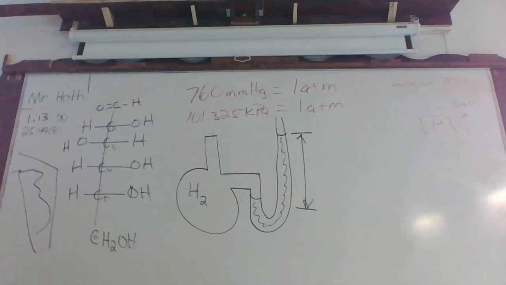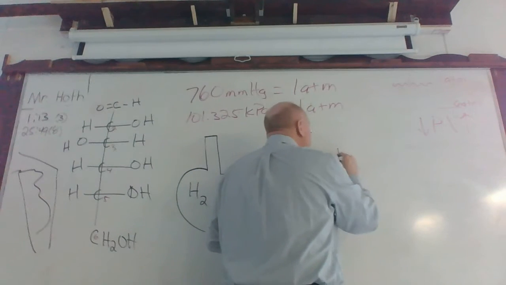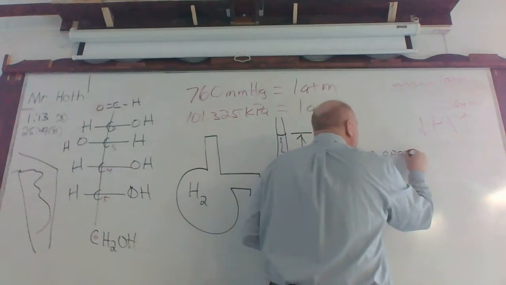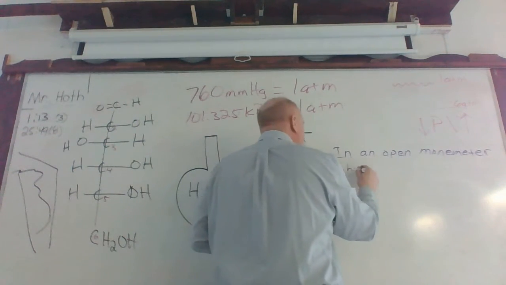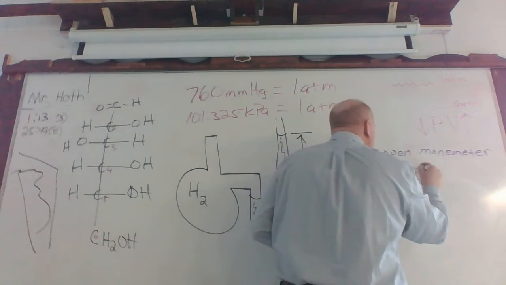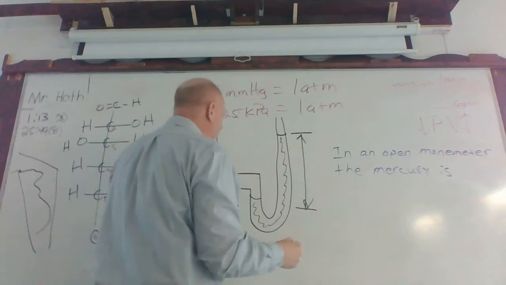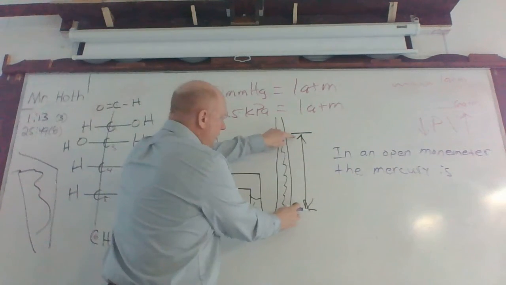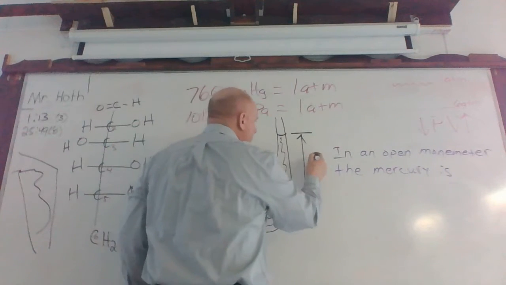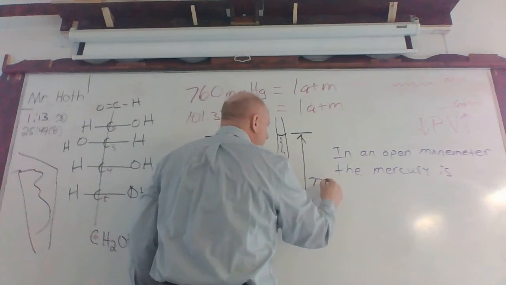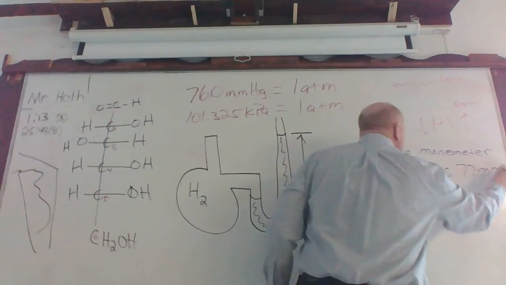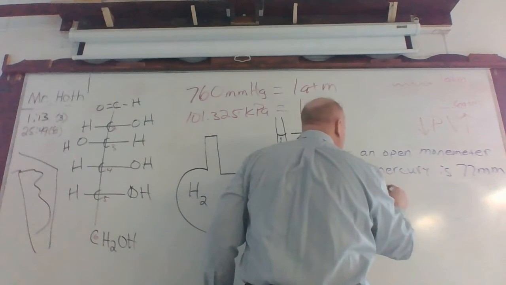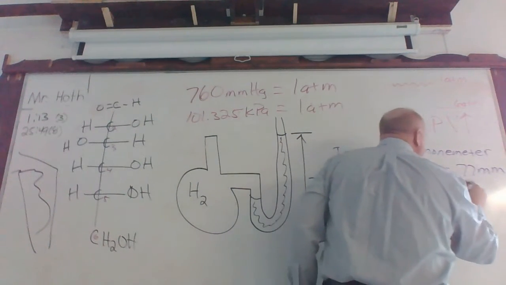Okay, so a problem might state something like this. In an open manometer, the mercury is, we'll say the difference between these two markings of the mercury is about, I don't know, we'll say 77. The mercury is 77 millimeters higher in the atmospheric arm.